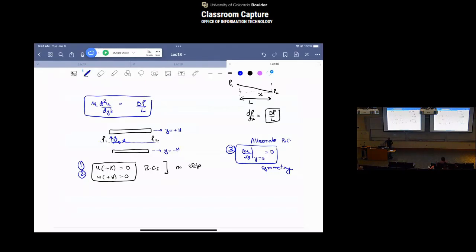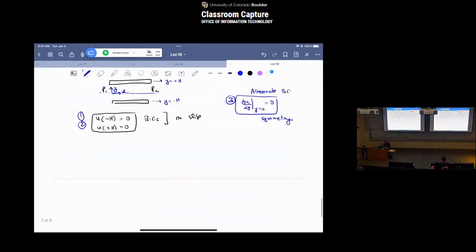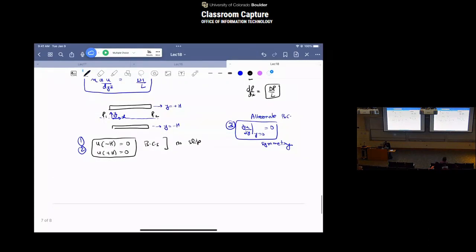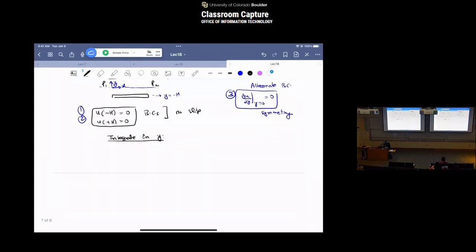All right, so we'll integrate in y, and I will do this a little faster. Integrate in y. Okay, so mu d square u by dy square times dy is delta p by L dy.